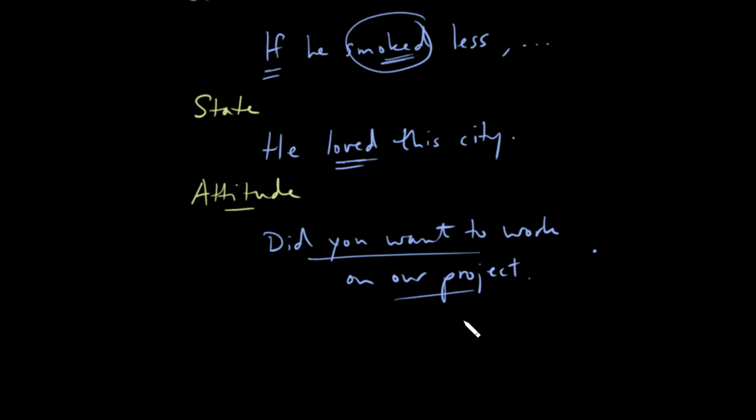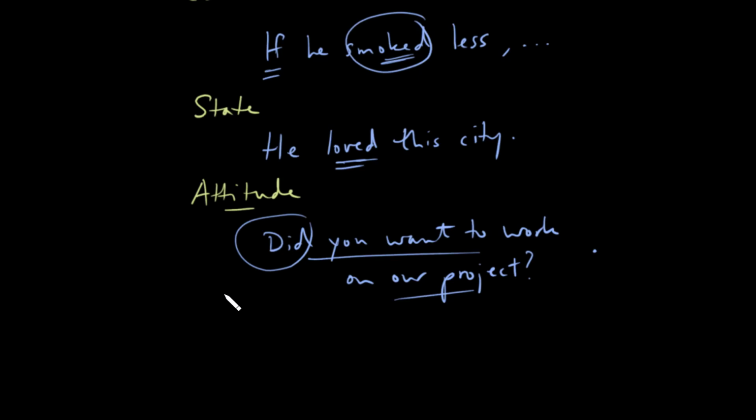Did you want to work on our project? This is a question that could actually use the present tense. Do you want to work on a project? Because it's still something that's going to happen. And yet in these cases, oddly enough, we are allowed to use the past simple tense.